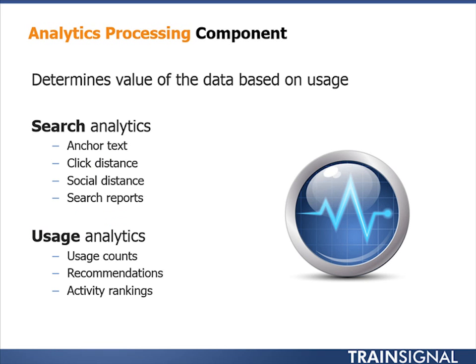Now our search analytics is going to include things like anchor text, where if I create a link to an item and I do a search based on a keyword, and that keyword happens to exist inside of that link, then it's going to highlight or move up in my result set the document that item points to. It's also going to utilize click distance.